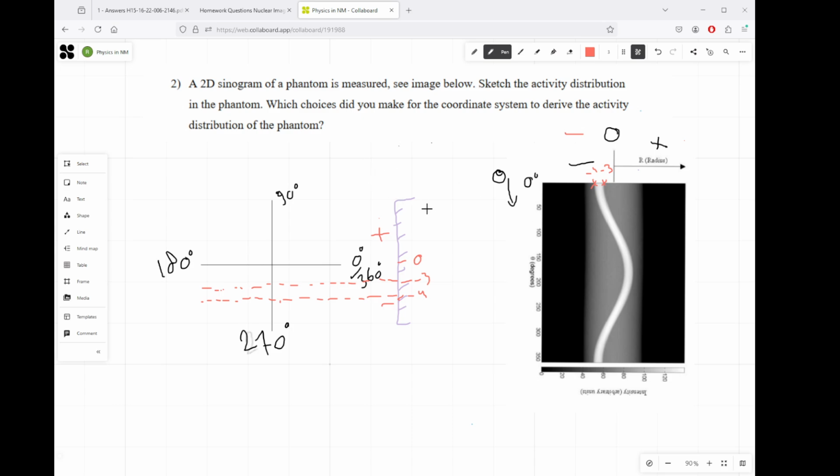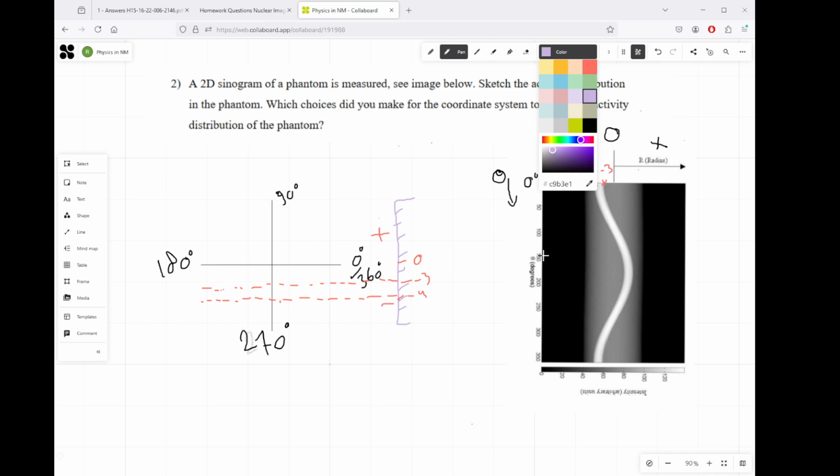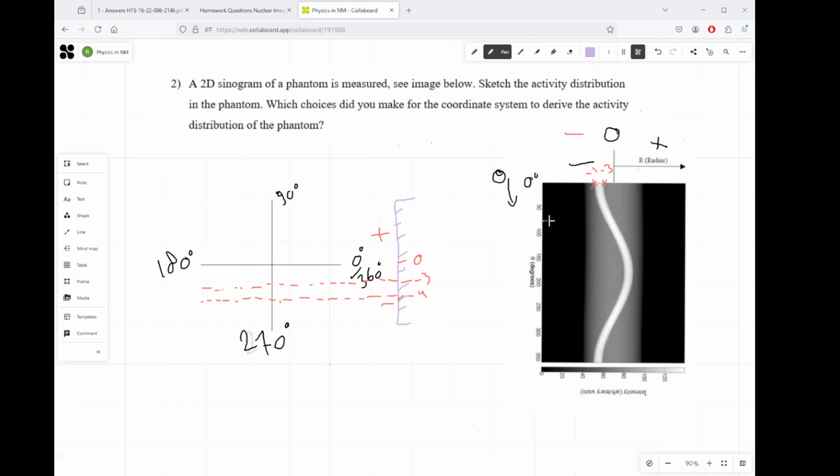So let's go now at 90 degrees. That is somewhere over here. So this is roughly 90 degrees. And it should be that, if I do it correctly, here. Well, we know that the width of this thing throughout is 1.